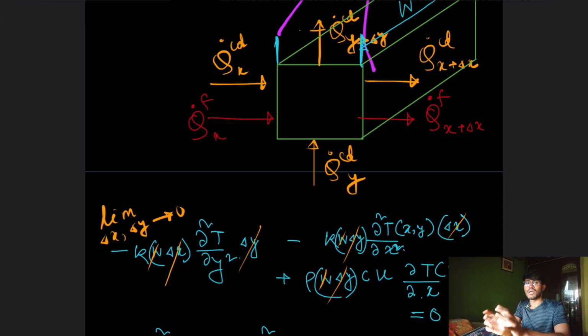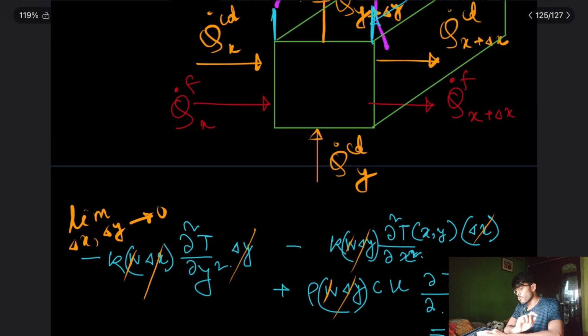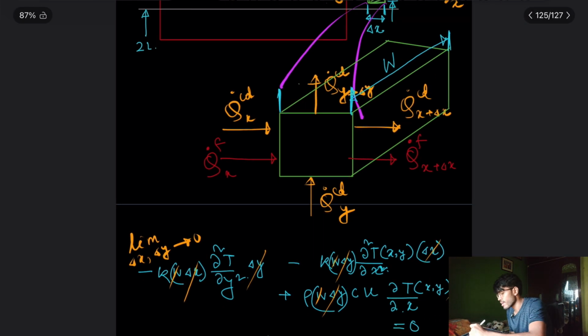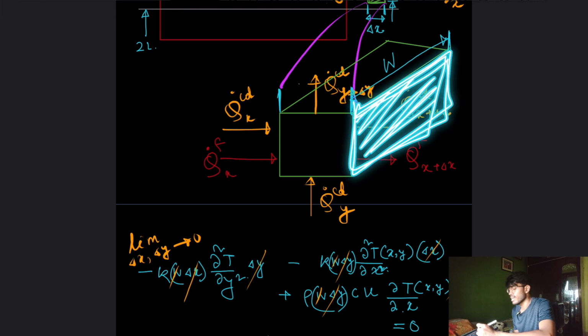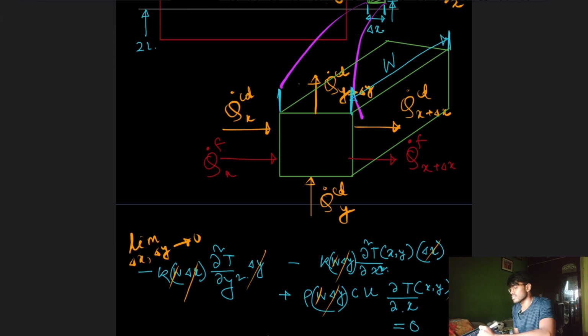Mug up this statement, but don't mug up that this area will be W into S. Why is it W into delta y? Because this is the area through which the flow energy and the heat conduction in x direction is passing.